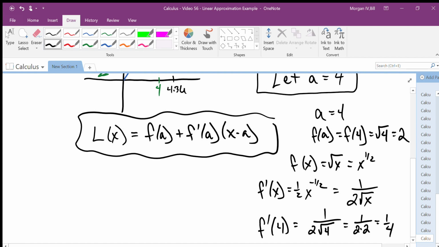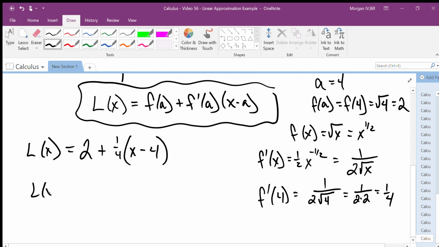Okay, from that information, we can find the linear approximation, the equation of the tangent line. We see that f of a is 2. f prime of a, that's the slope, is 1/4 times x minus a, here being 4.